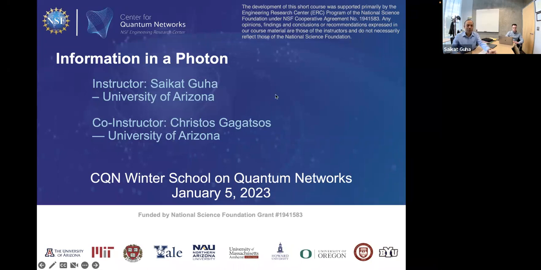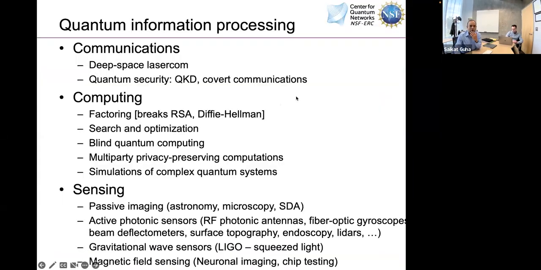Okay, so let's go ahead and get started. Our course is called Information in a Photon, and let's start with a quick preview of the field of quantum information processing. You have been attending this winter school, which is funded by the Center for Quantum Networks. The goal of our center is to upgrade the internet, hopefully someday to carry quantum data, or qubits, from one point to another.